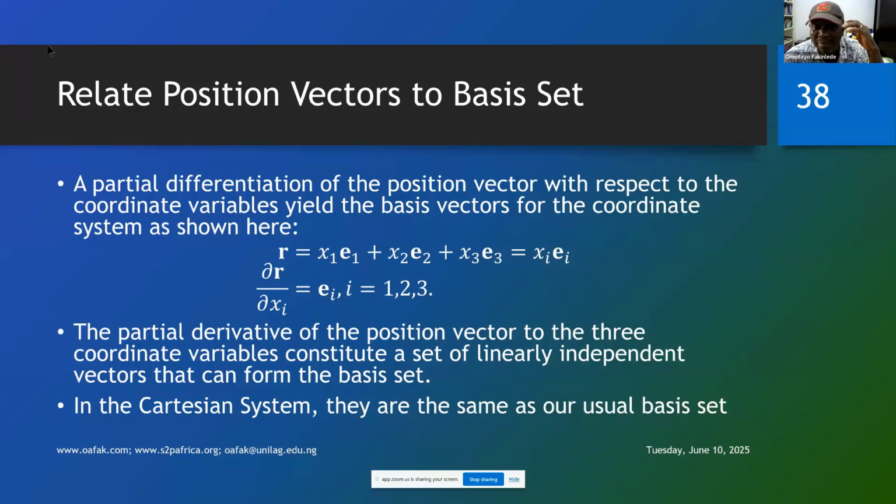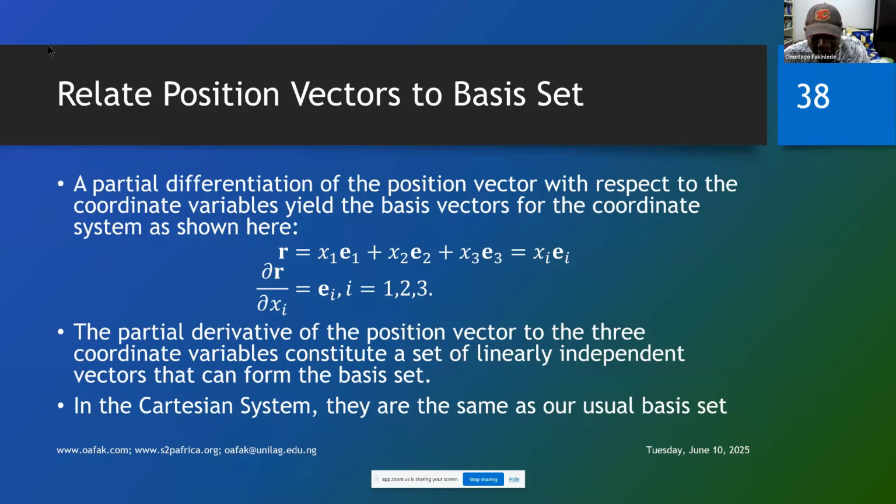It doesn't matter whether the basis vectors are variable or they are constant. So we are going to utilize this simple result, and we are going to get things that you couldn't have gotten any other way. The partial derivatives of the position vector with respect to the three coordinate variables constitute a set of linearly independent vectors that can form the basis set.